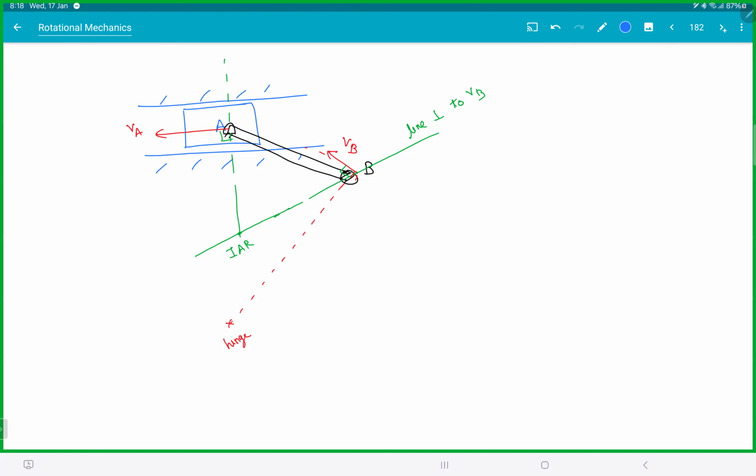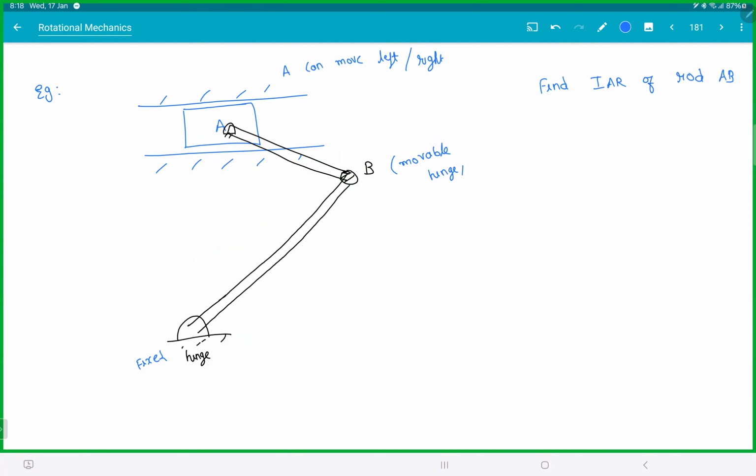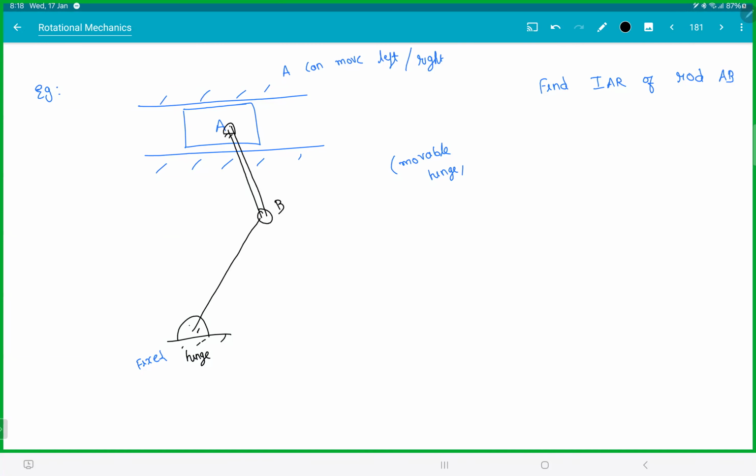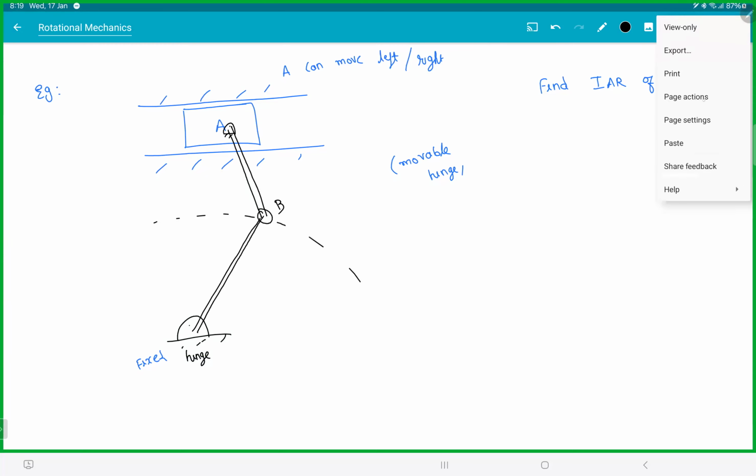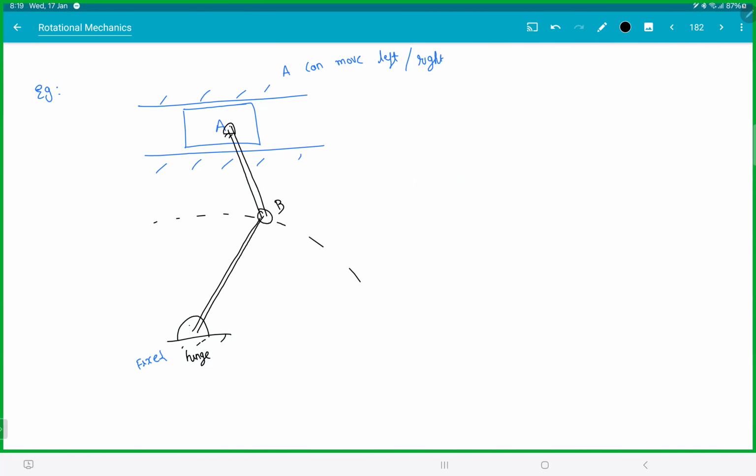Next thing. Maybe na thoda diagram I should have drawn a little lower, that would have been better, I guess. This would be your IAR.